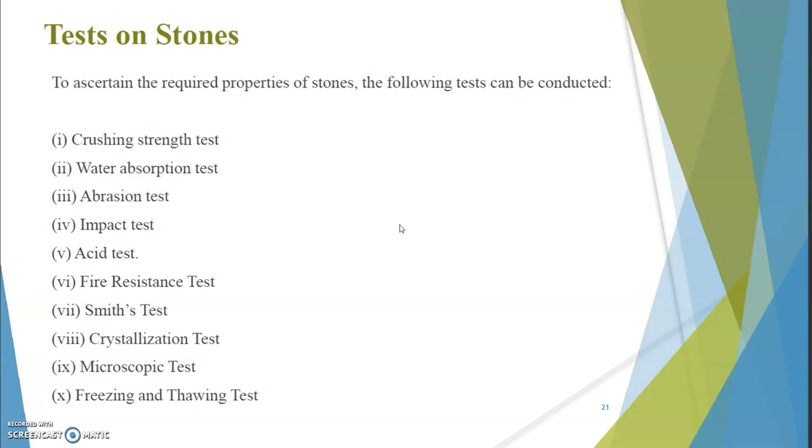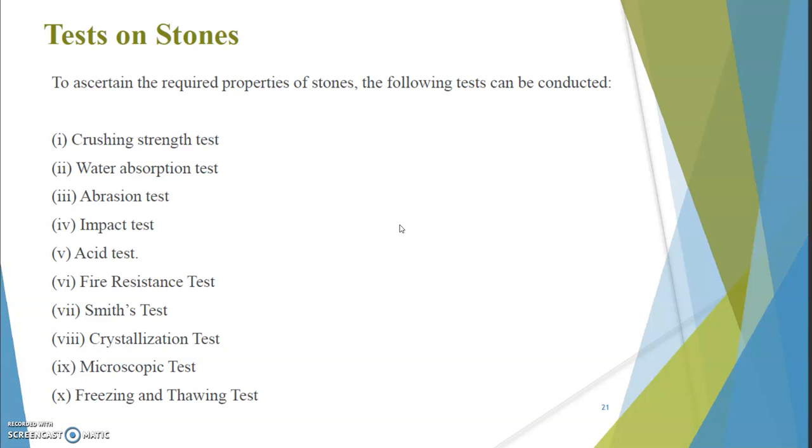Like a brick lining surrounding your steel column for protecting against fire, what we have seen in the first material, similarly, stone work would also be provided on some structural components to make them resistant against acidic damage. So there, this acid test will be considered.